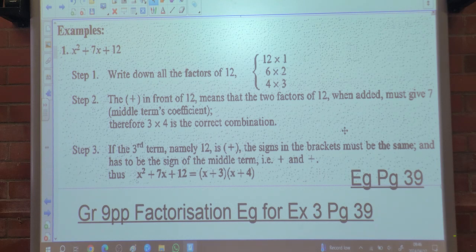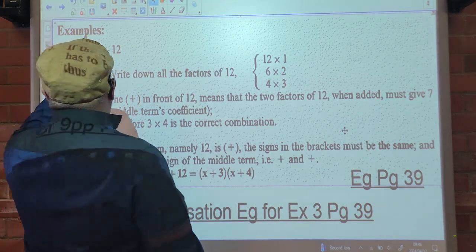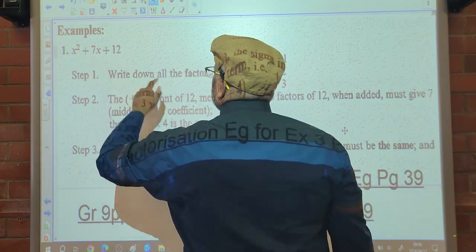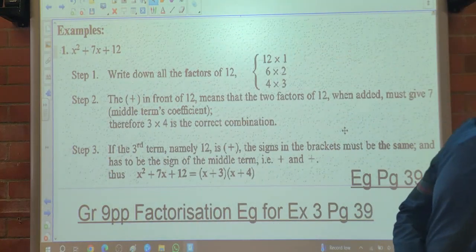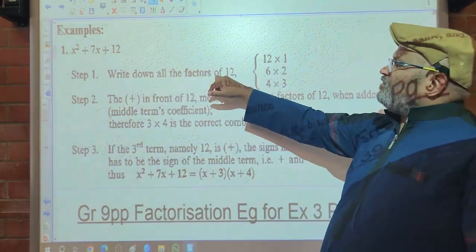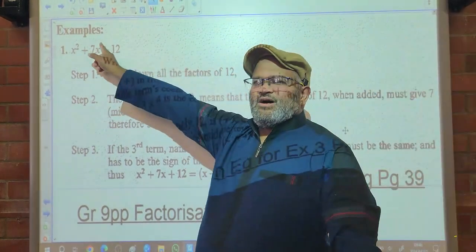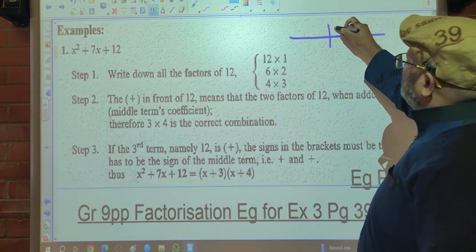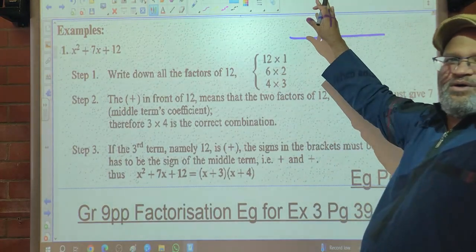Example number 1, and you guys have written all this information already, no? So we are told in step 1, you write down the factors. Now if you're looking to factorize x squared plus 7x plus 12, there are a couple of steps we'll follow. Firstly, we write down all the factors of 12. So what are the factors of 12? 1 and 12. This is normally what I draw, is a bar.